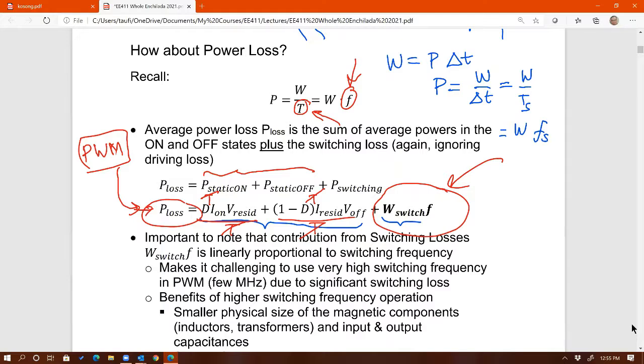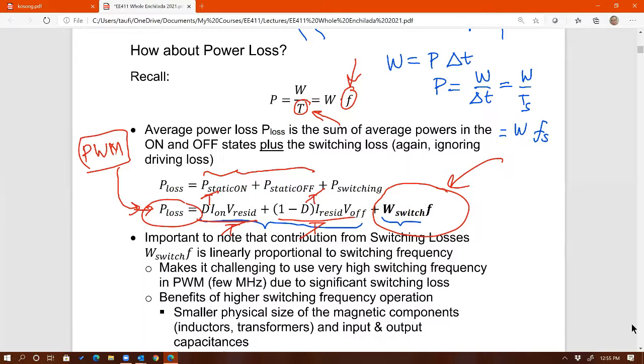But in addition to that, you also have to realize that in PWM, if you keep increasing the frequency, you're going to end up increasing the switching loss. Right? That's not good. Increasing switching loss means reducing efficiency. So these are things that you need to consider if you want to improve efficiency. Things that you might want to consider as well when you do the design for your final project.